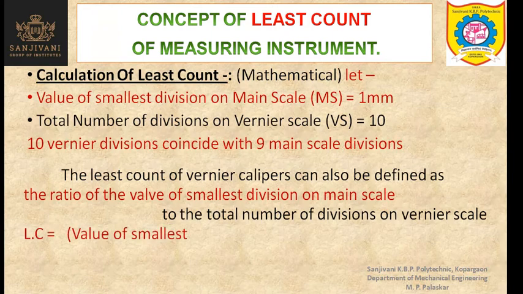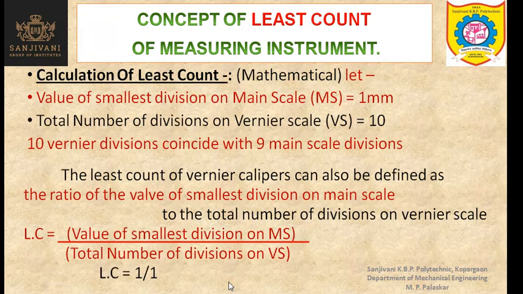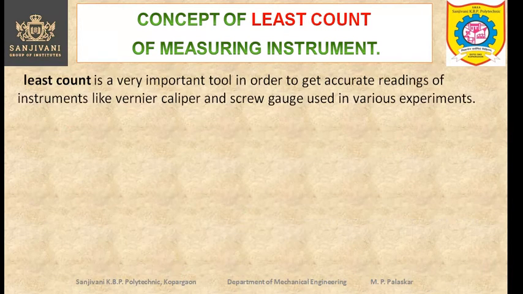So again, the value of the smallest division on the main scale divided by the total number of divisions on the vernier scale. So the least count is equal to 1 upon 10, that is 0.1 millimeter, that is 0.01 centimeter. That is again the least count of the vernier caliper.